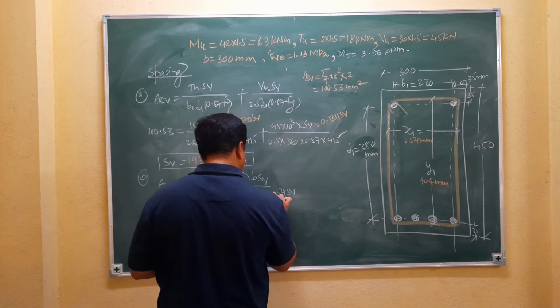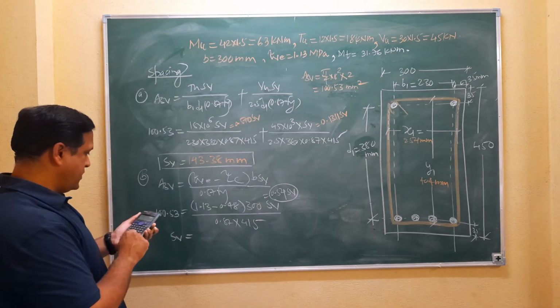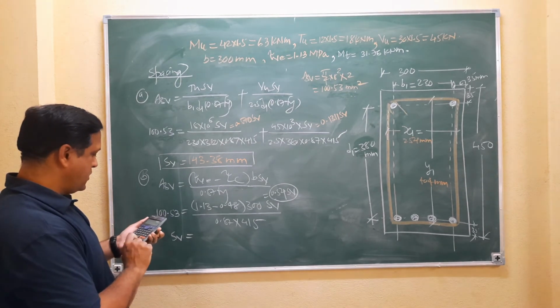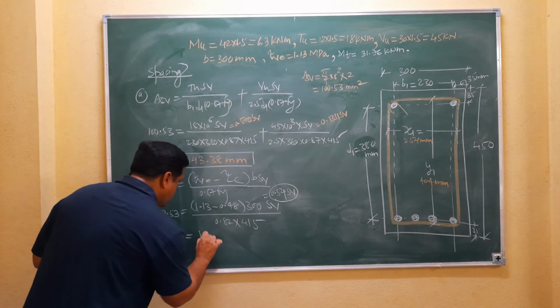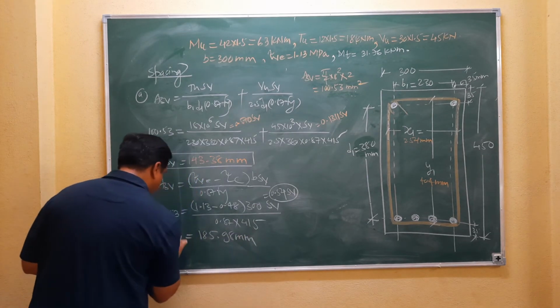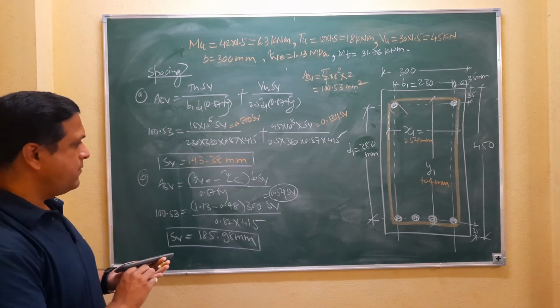This value is 0.54 Sv. So 100.53 divided by 0.54, the value is 185.98 mm. The spacing from the second formula is about 185.98 mm.